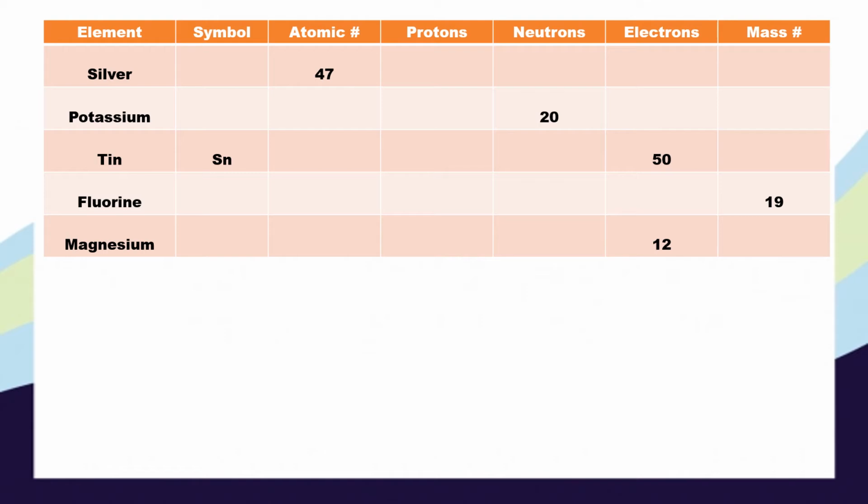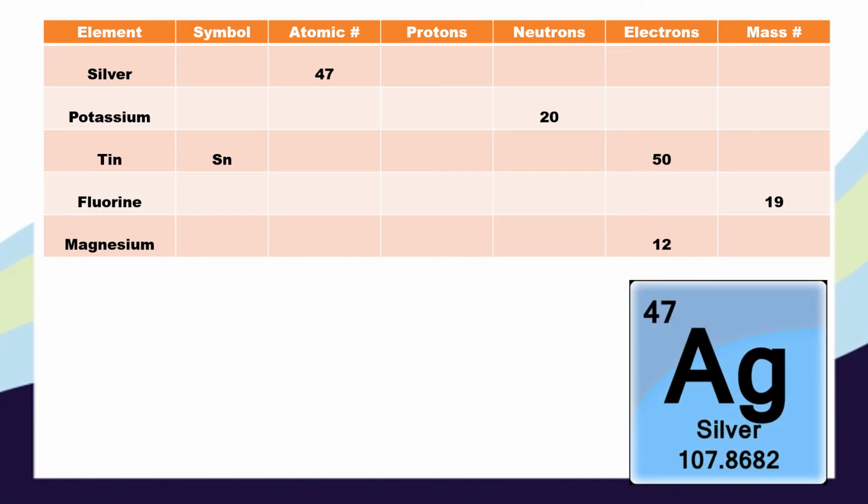Let us start with silver. Using your periodic table, it is very obvious that silver has a symbol of Ag. It came from the Latin name argentum. So you will write there Ag.